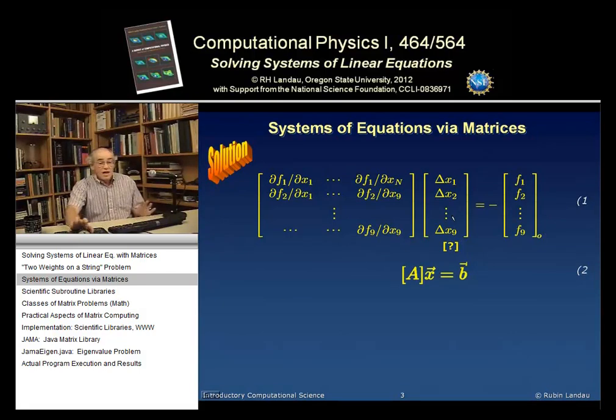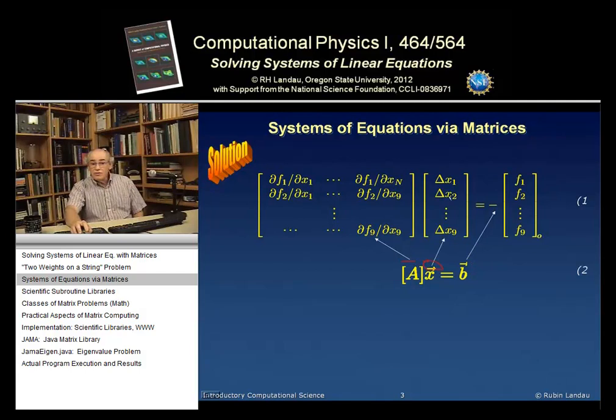Easy enough. This is now the standard form for linear equations. Okay, because now it's a linear equation. We've linearized it with this Newton-Raphson search method. So that A, which is the usual notation, is this matrix, n by n, here a 9 by 9 matrix, x with a little vector symbol up here.